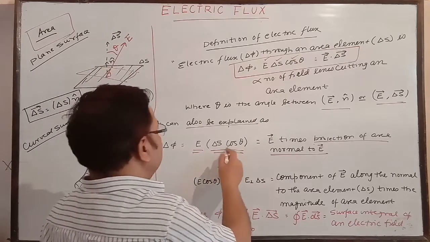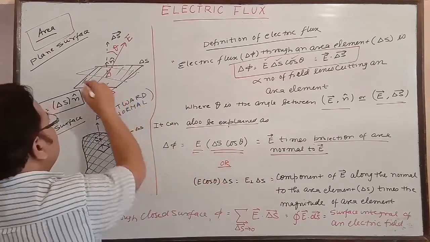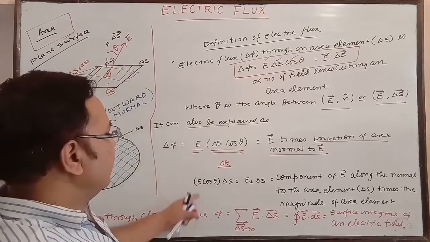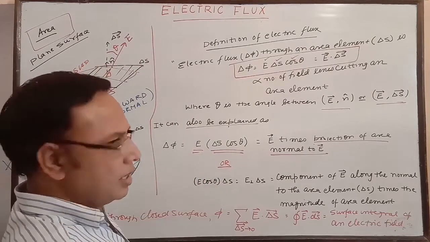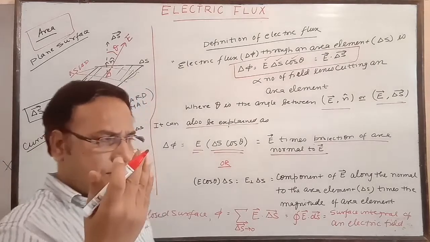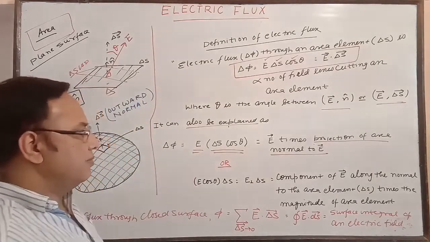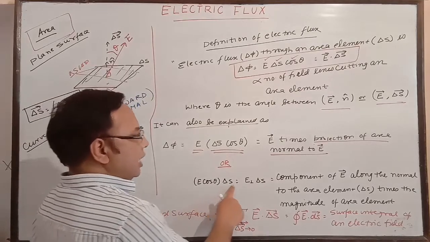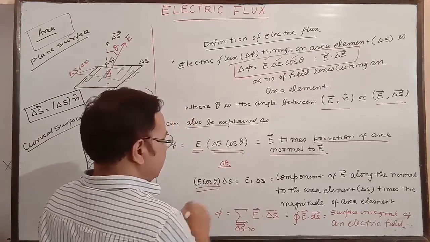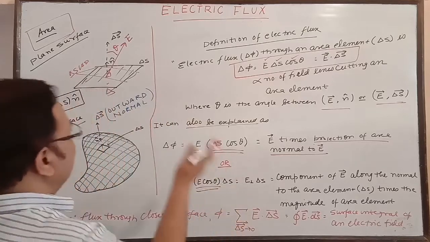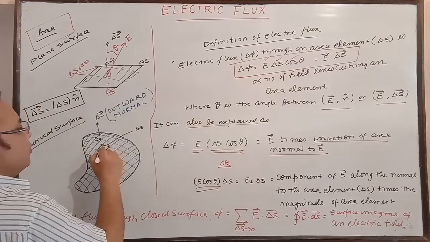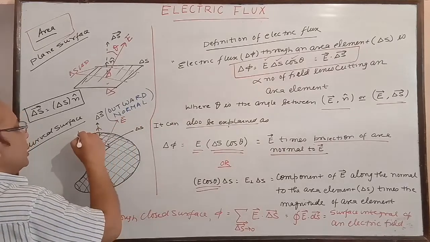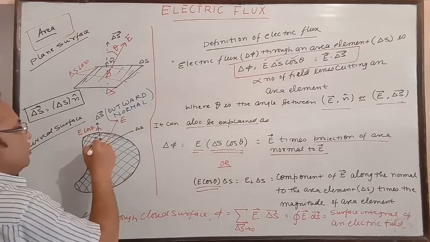So E times delta S cos theta, where delta S is this, and delta S cos theta is this much. In the same way you can find E cos theta into delta S, which you have learnt in lower classes in vectors. So E cos theta is the component of E along this, and that is nothing but E cos theta into delta S.